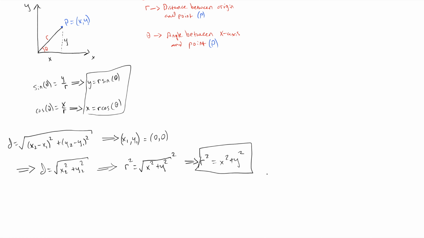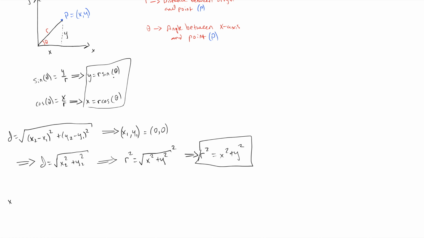What's the other way to think about this? Well, by using these two expressions that we just derived. x squared plus y squared equals, I'm going to go ahead and substitute x and y in. So that's going to be r squared cosine squared of theta plus r squared sine squared of theta. And looking at these two terms right here, I see a common term, r squared.